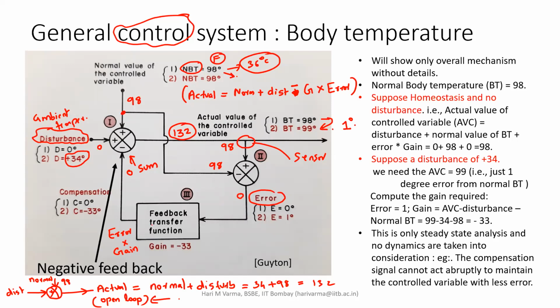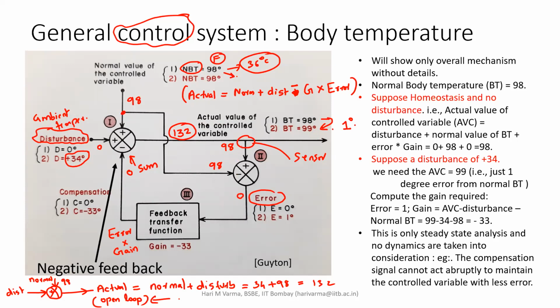So I will design a feedback mechanism in such a way that even if the disturbance is 34, it will not shoot to 132 like an open loop where there is no negative feedback, but it will try to maintain it at 98. At 99. That's all I want. So what should be my gain then?